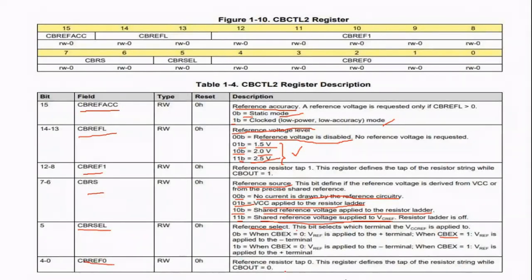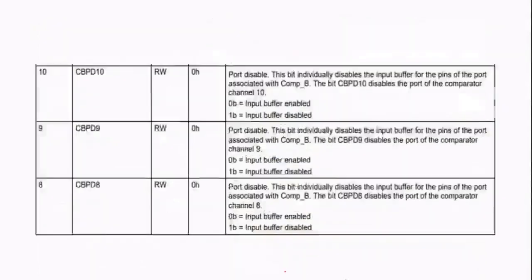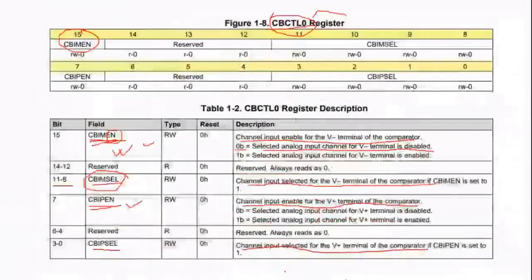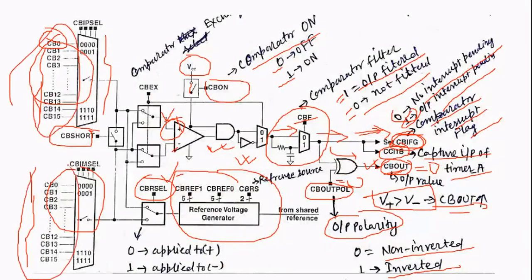Now in the same way, come to the CBCTL3. This CBCTL3 is used for all 16 different channels. Let us consider you have two different input muxes. If you want to use CB0, the rest of all you have to put 0 value. How can you configure that? This is called channel. We can see that this has 16 channels. This mux also has 16 channels.